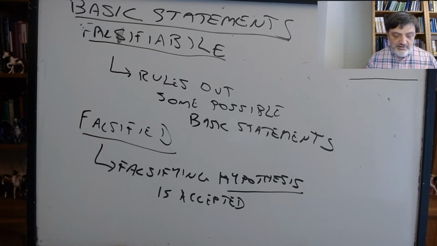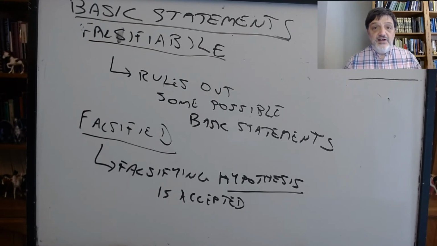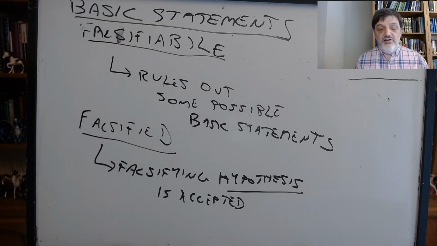So we have our falsifying observation. I'm going to talk about this in more detail later, but the falsifying hypothesis is going to imply that falsifying observation, whereas that falsifying observation will be inconsistent with the original theory.